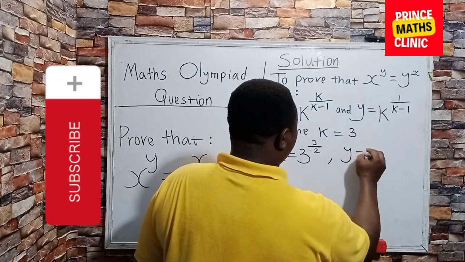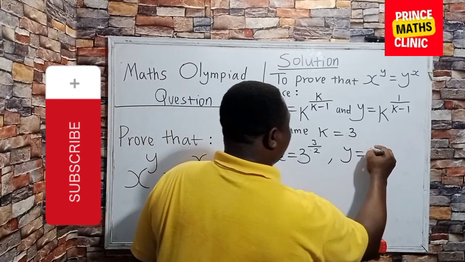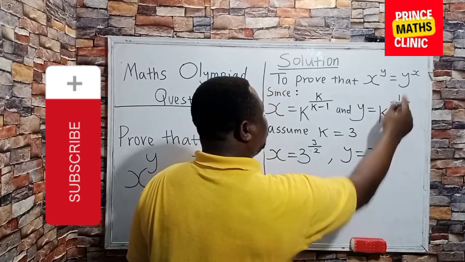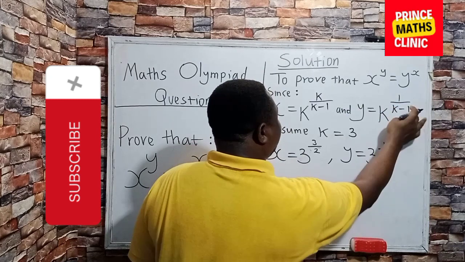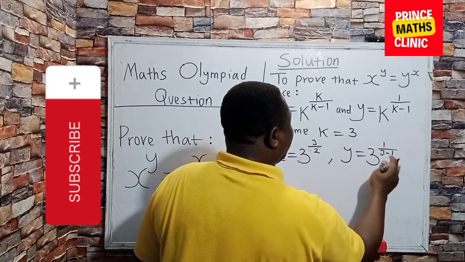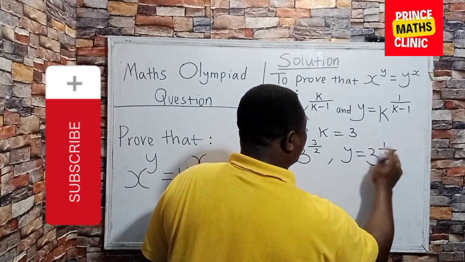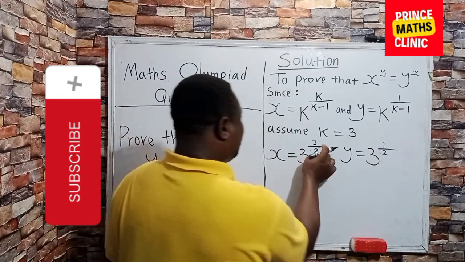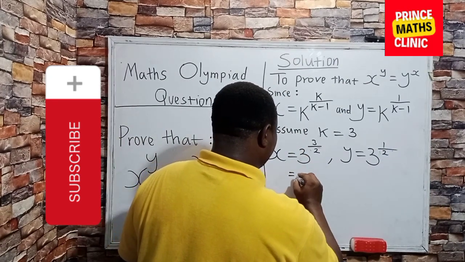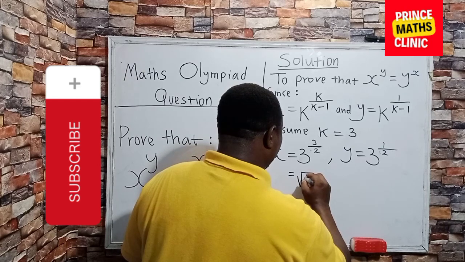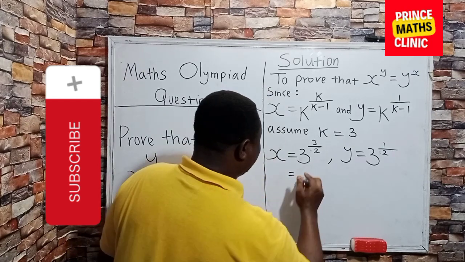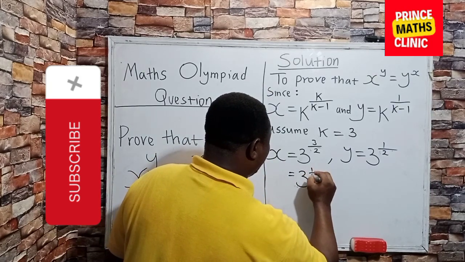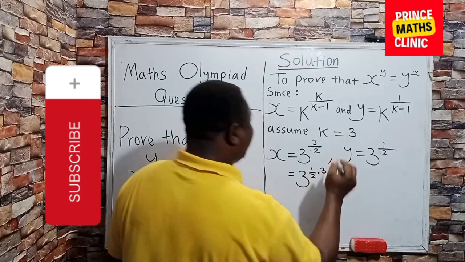And y will become k, which is 3, to the power of 1 over 3 minus 1, again, is 2. What does this represent? This simply means square root of, this could be written as 3 to the power of 1 over 2 multiplied by 3.